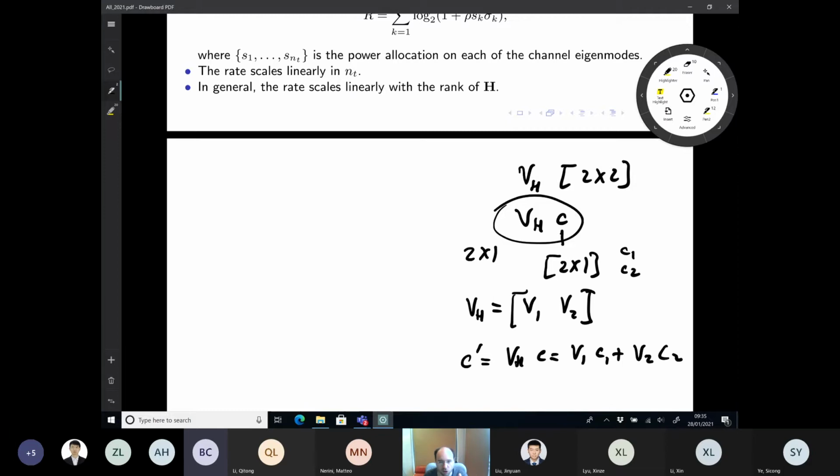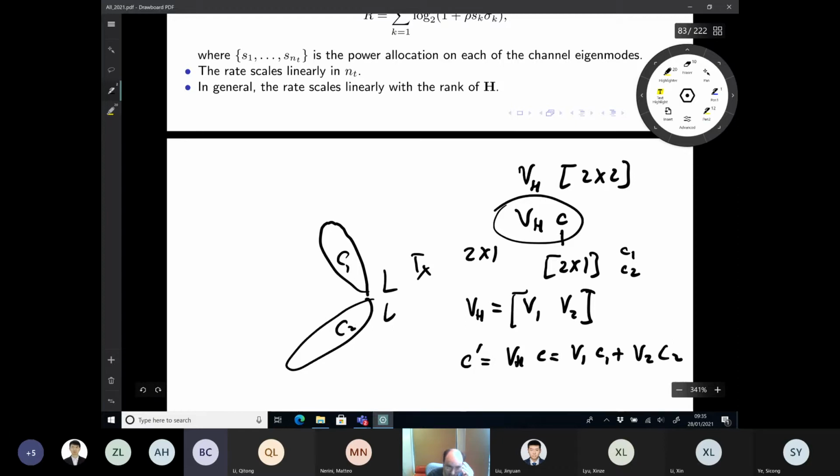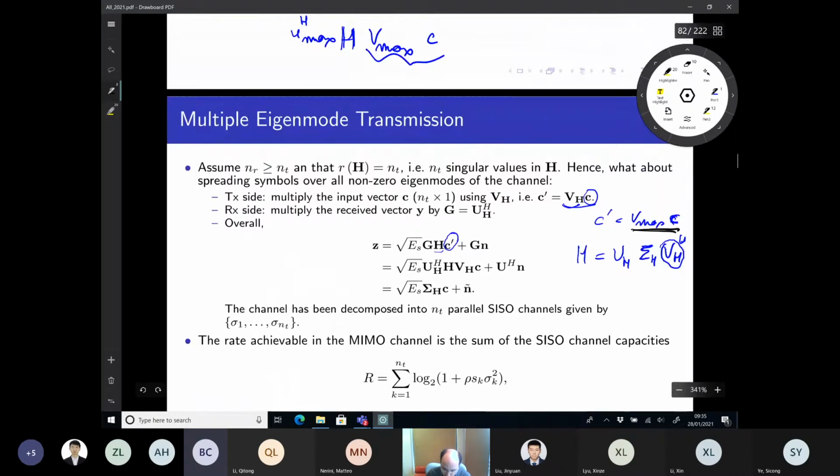I transmit C2 along another direction, V2. So if I have my transmitter with 2 transmit antennas here, it says that I transmit C1 along a certain direction here, and I transmit C2 along another direction. Right? That's what it means. So now I transmit multiple streams along each of those right singular vectors of my channel matrix H.